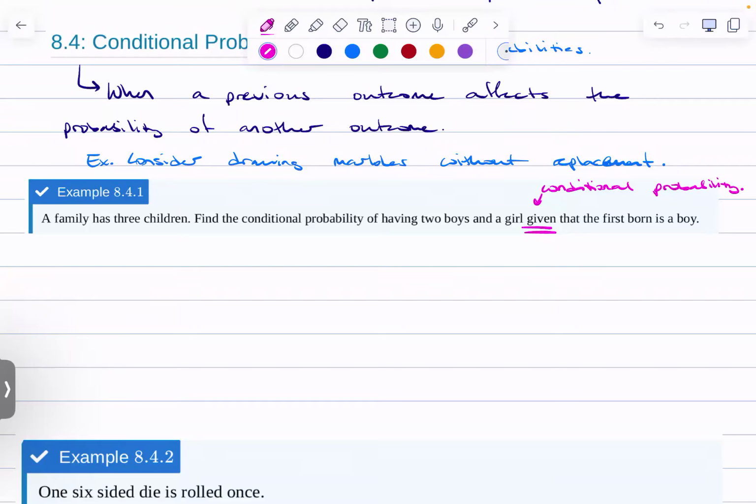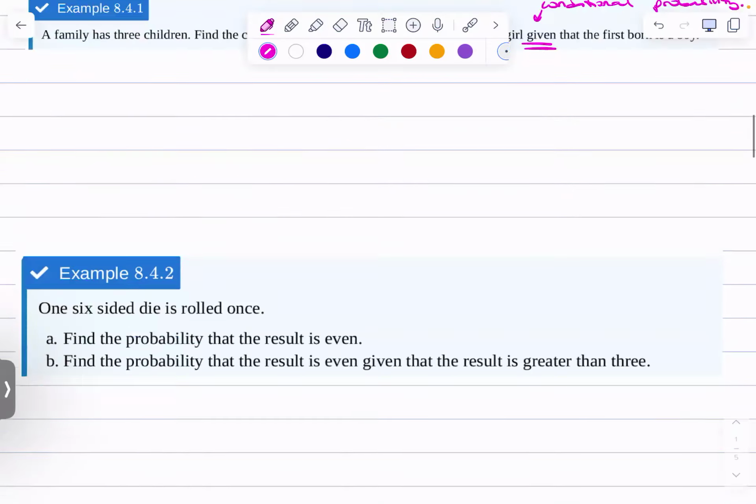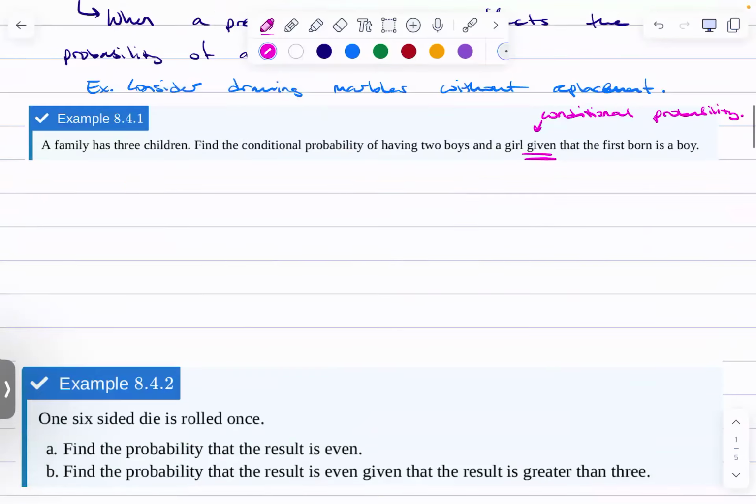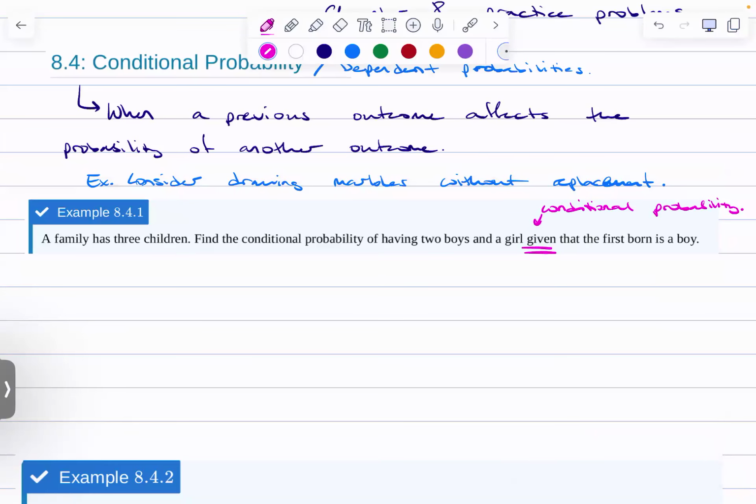There's some notation that I'm trying to hold off on introducing for a little bit longer, we introduce it here in this green box. So we're not that far away, but I just want to introduce the concept of conditional probability first. So what we want is the probability of having two boys and a girl, knowing that the firstborn is a boy.